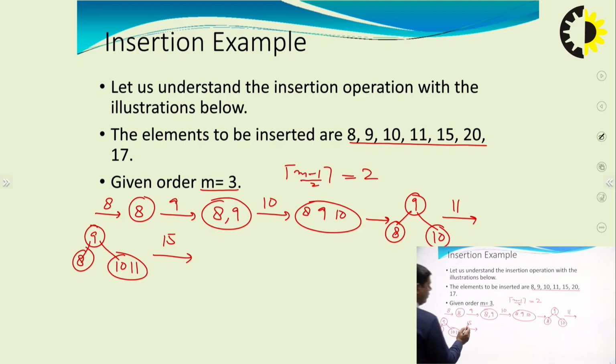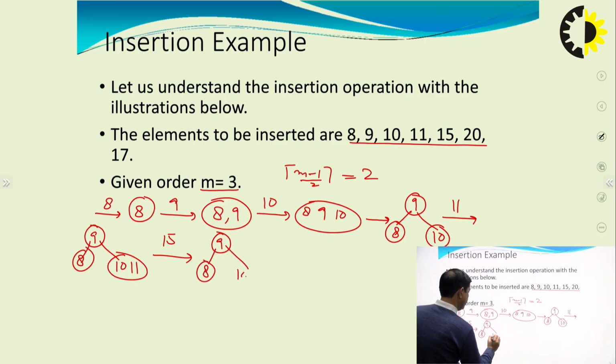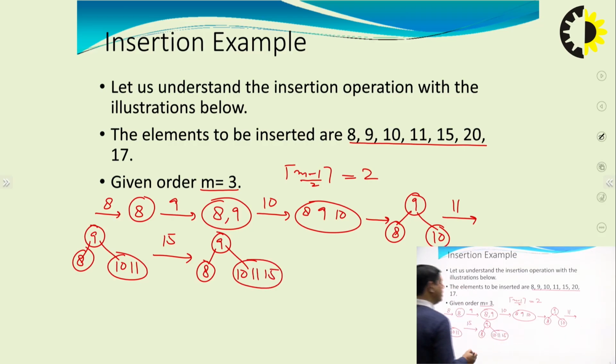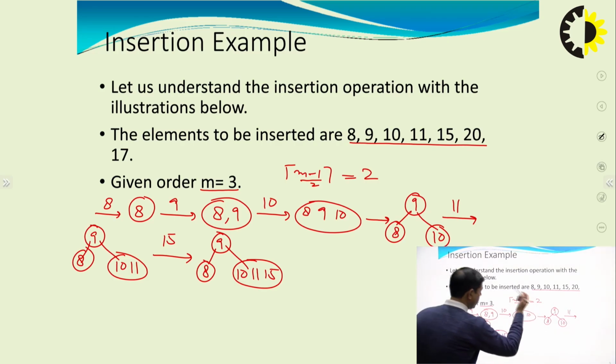Next, after that we have to insert 15. First of all we will compare 15 with 9, and according to sorted order it will be after 11, that is 10, 11 and 15. But again the condition is violated here, because according to the given order the maximum is 2 values.